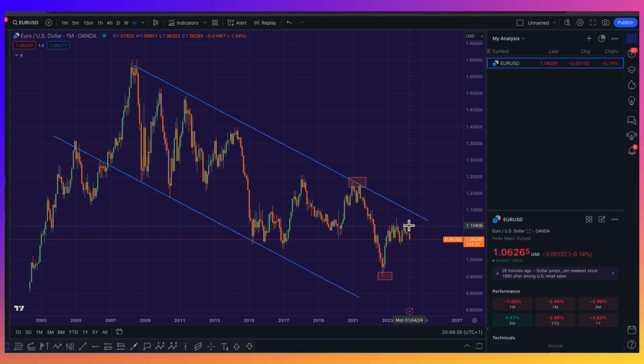So for earlier signs, for example, if the market started going up, I would believe that if it breaks this trend line, it most probably wants to go higher, because again it breaks the trend.